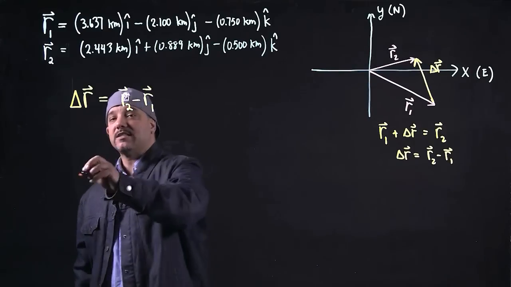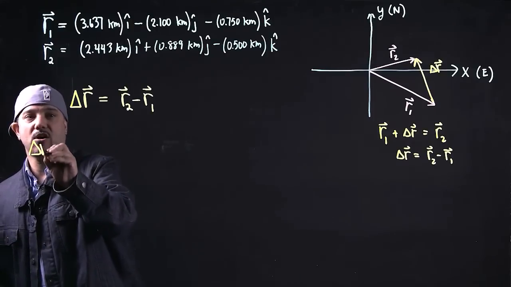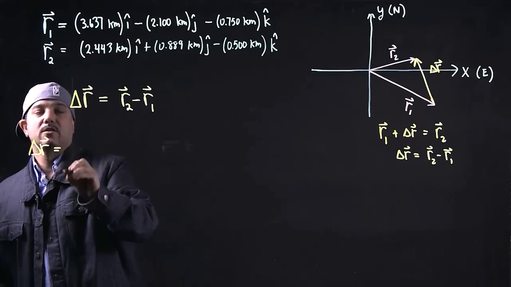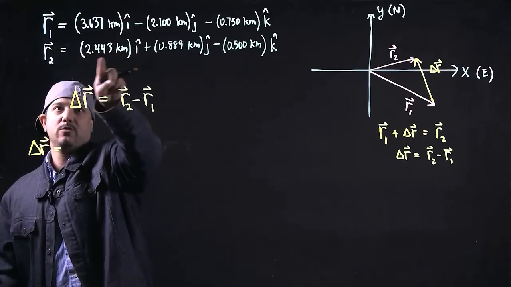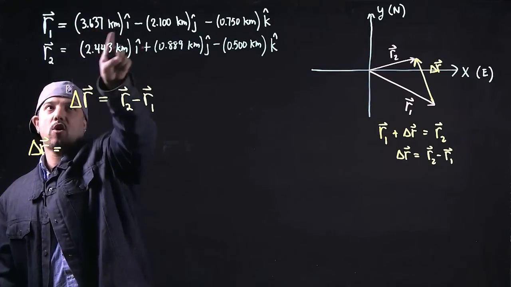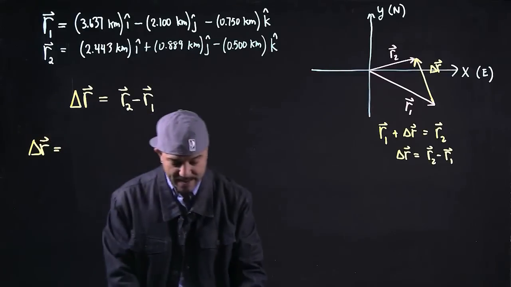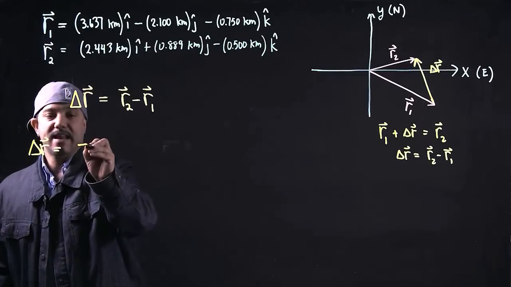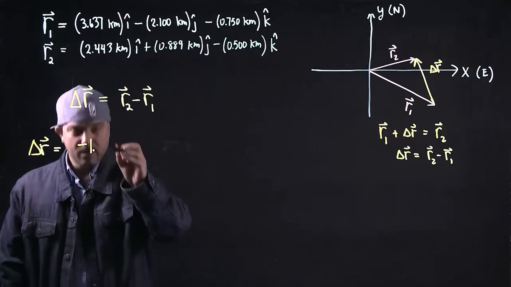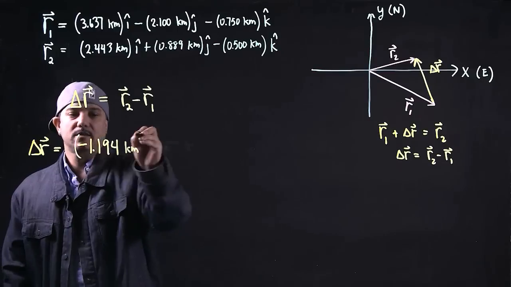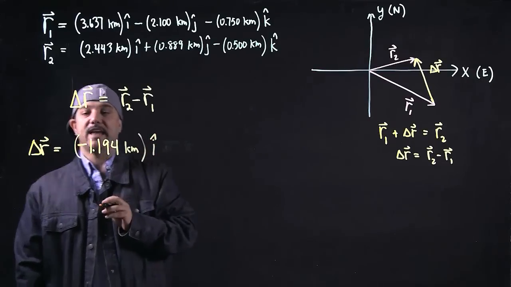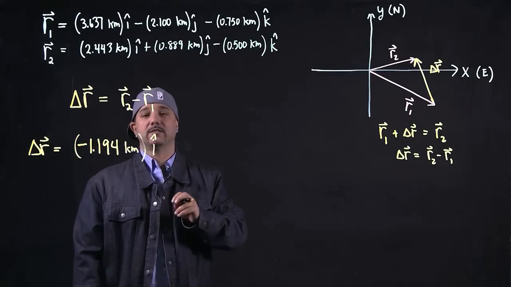So let's do this subtraction. Delta R. We're going to focus on the x components first. We're going to do R2 minus R1, and we get negative 1.194 kilometers in the x direction, or the i hat direction.